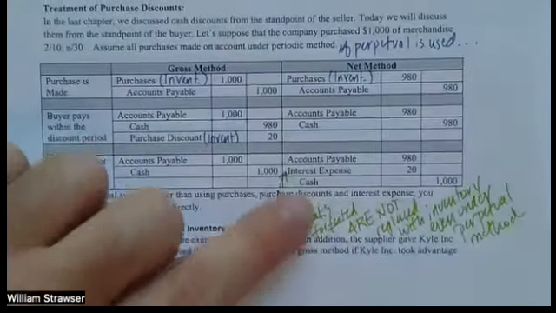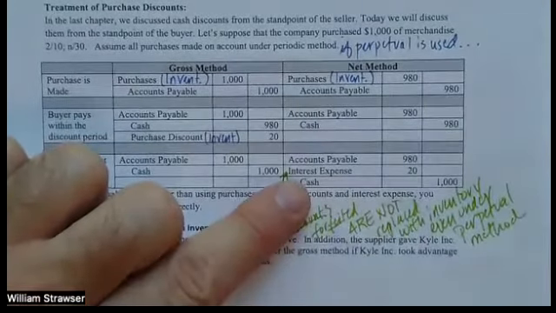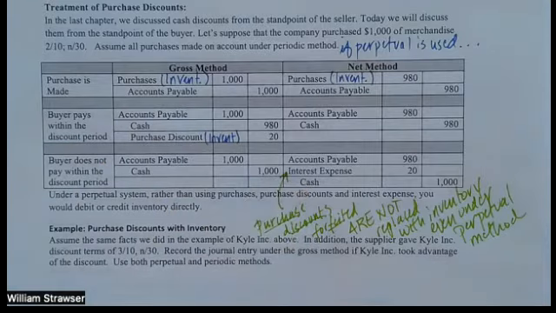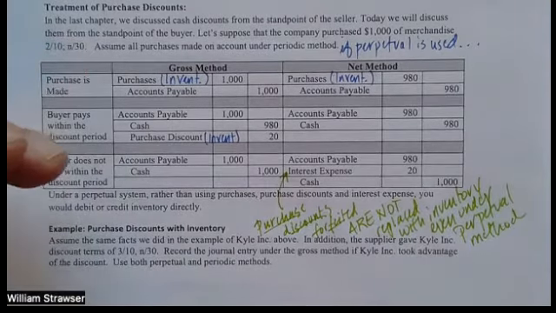We would be crediting, or sorry, debiting the purchase discounts forfeited into inventory, which would include it in the value of inventory. So other than that caveat, again, I know the various systems start to throw a little bit of a wrench in these things, it is the same pattern that we saw in receivables.